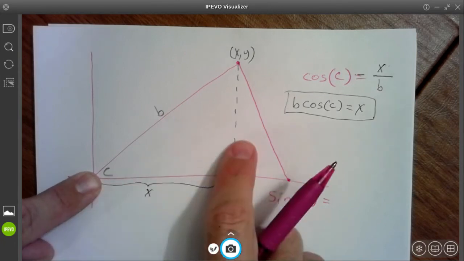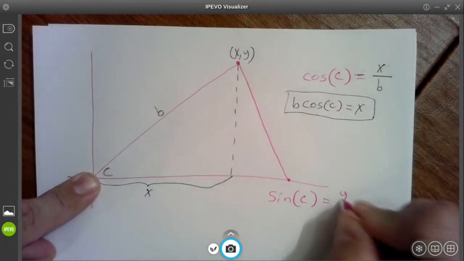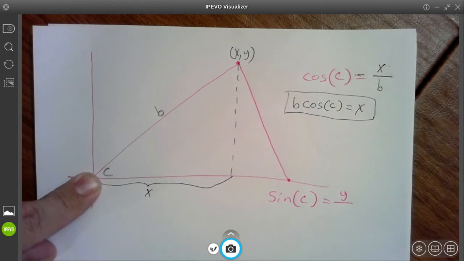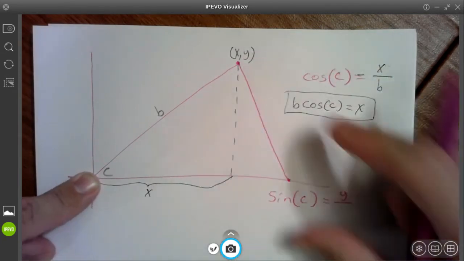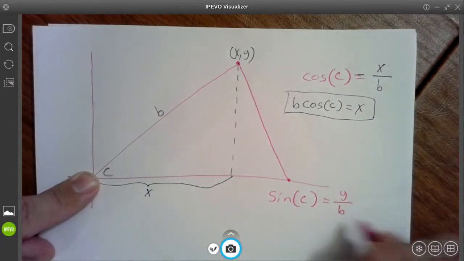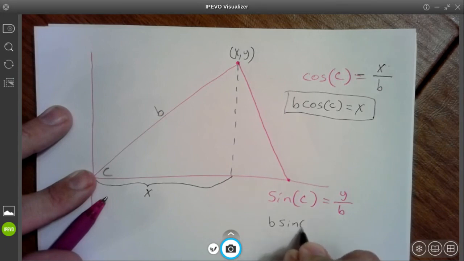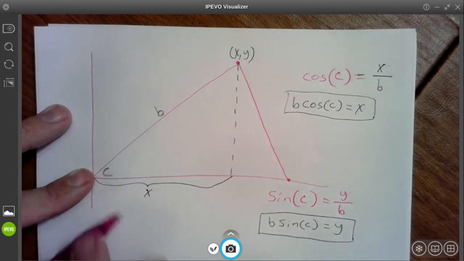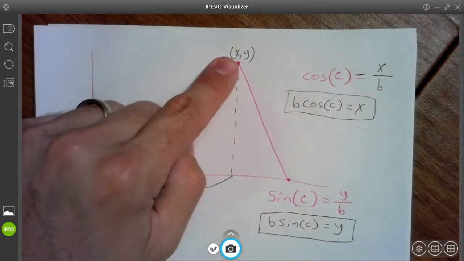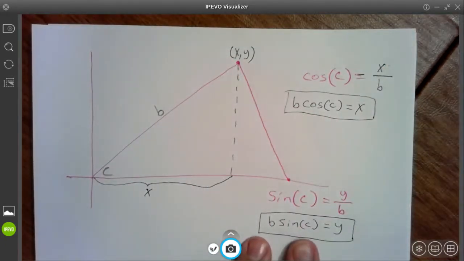The opposite is this vertical distance, which corresponds to Y. That's my opposite side over my hypotenuse, which is B. Again, if I multiply through by B, I will have solved for Y. So I get B sine C is equal to Y. Now I know X is B cosine C, and I know Y is B sine C.